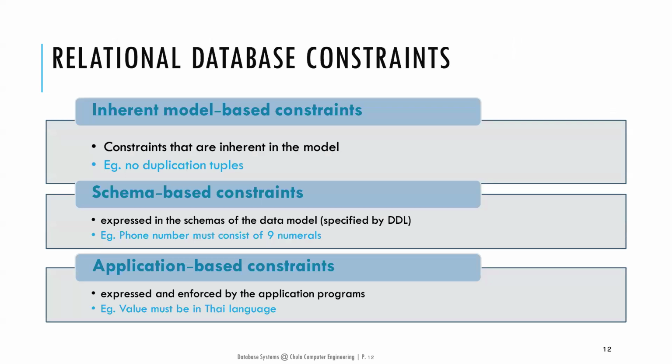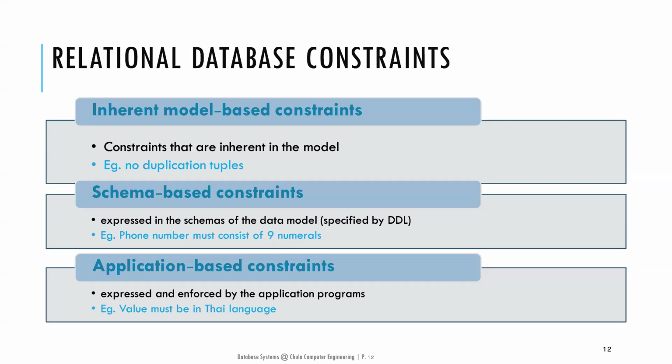Now, when we are talking about the database, we look at the table, and we have the data within the table. However, what we really want in the table is the correct information, and we don't want duplication.